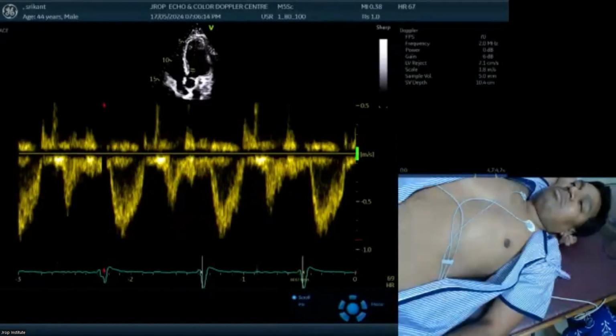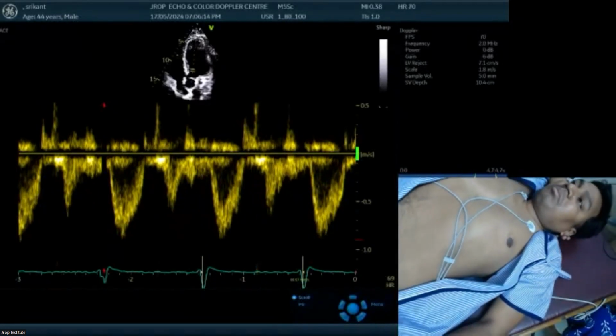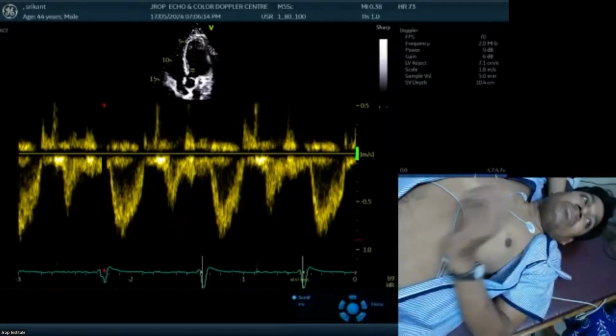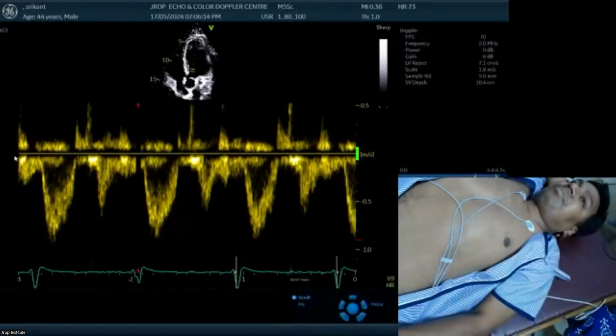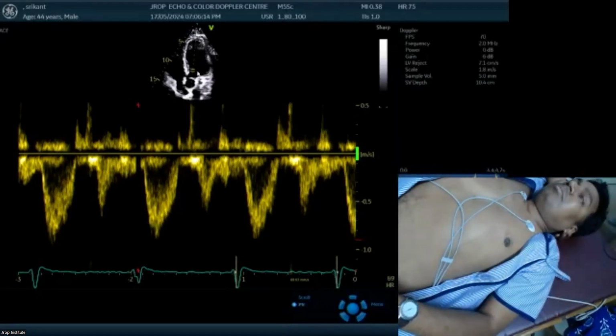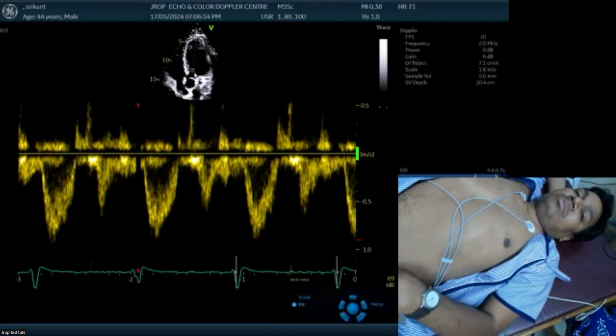Look at the screen: there is a pulse wave here with a sample volume. The difference between pulse wave and continuous wave is that pulse wave has two lines which are separated from each other. Correct?